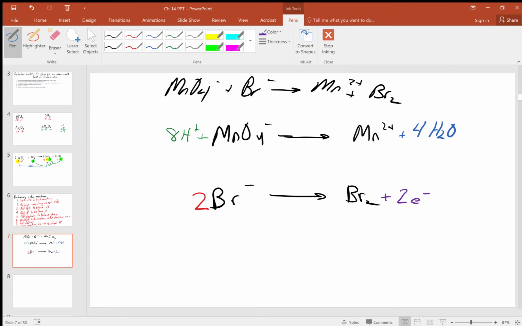For the one above, our right side adds up to +2 for the manganese. The left side has -1 for the permanganate, but +8 from the 8 H plus for a total of +7. So to make those equal, we add 5 electrons.